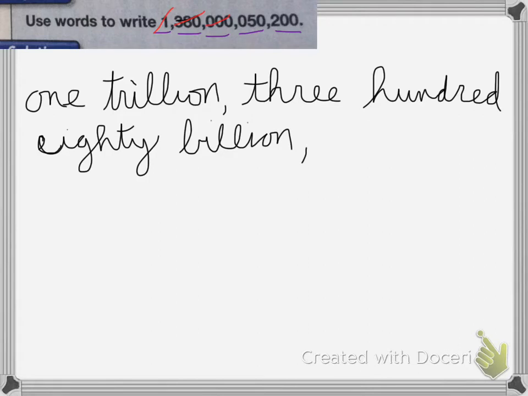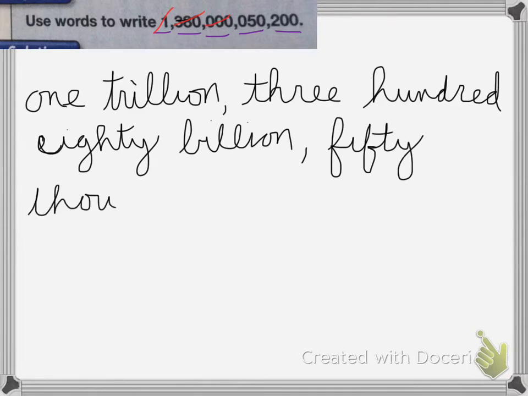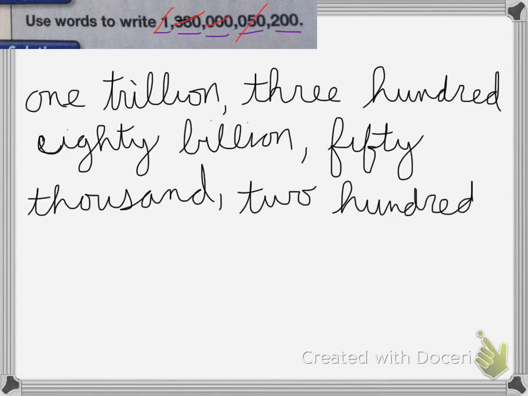The next place value is the thousands, and I have 50,000. So I'm going to write out 50,000. That takes care of the thousands place. Now I have the units, and I have 200. So I'm going to write 200. And that's how you write it out in words.